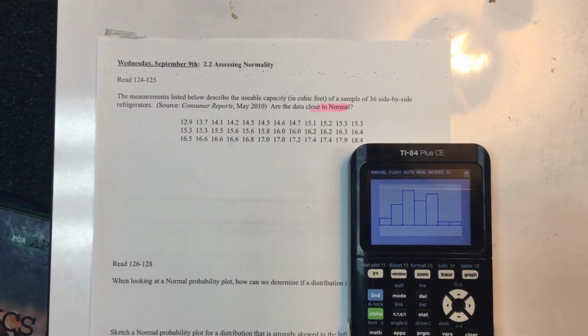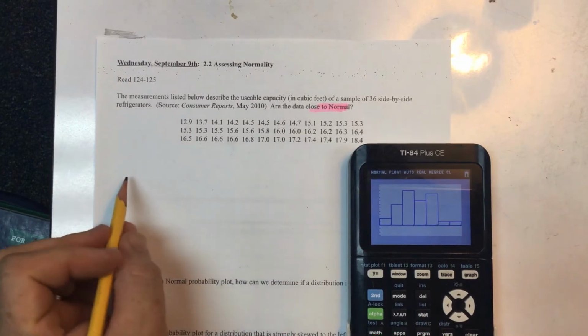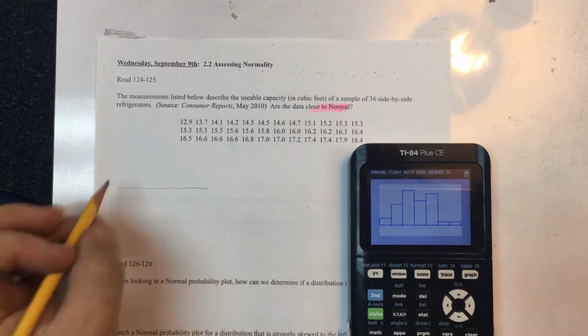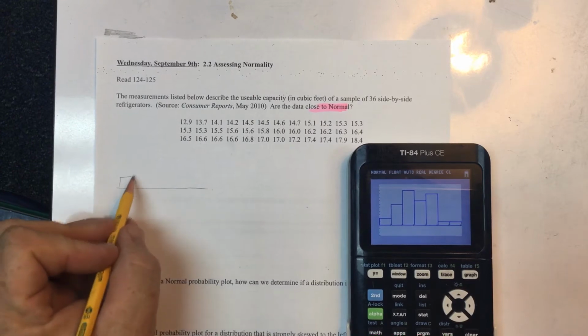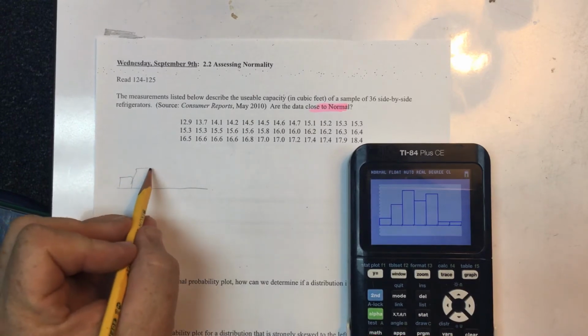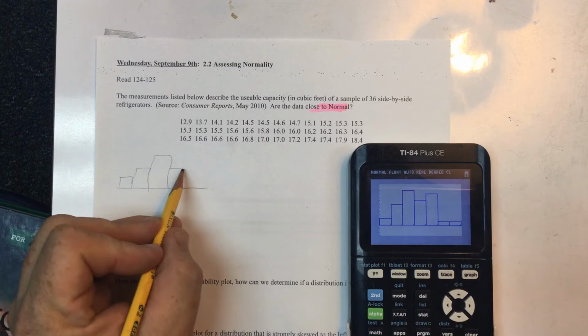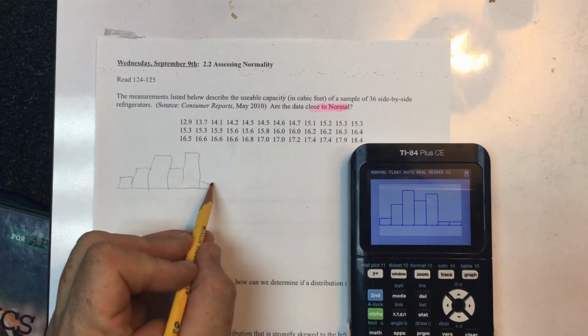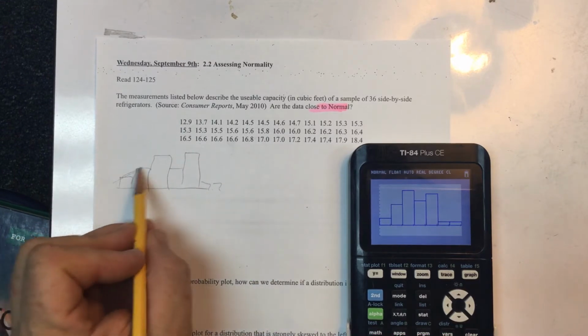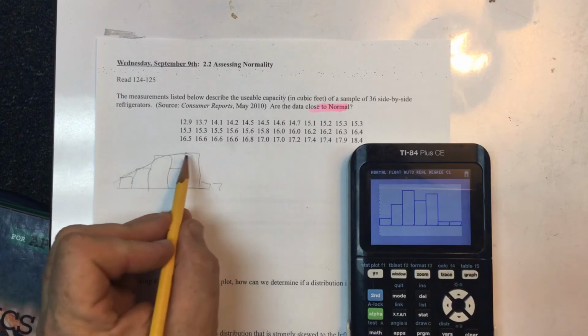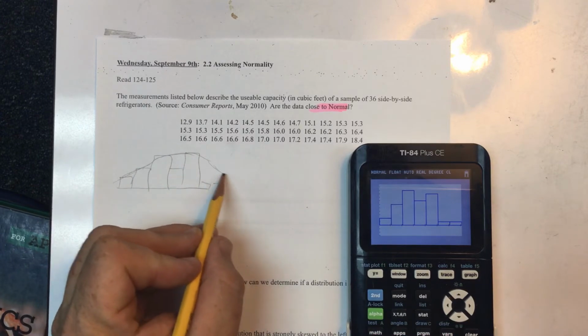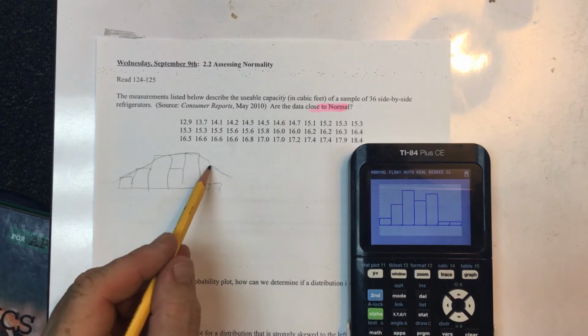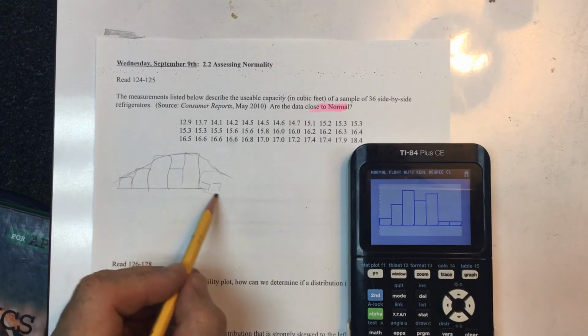So we've got our data, and we're looking at it, and we have these bars, and then 2 small ones here. We're looking at this and it's like, close, not sure. This is bugging me right here.